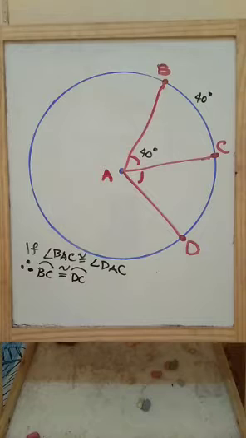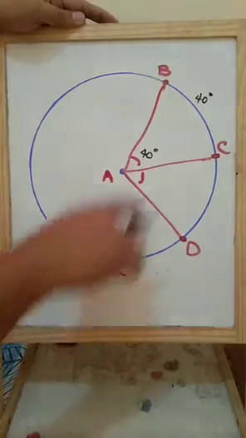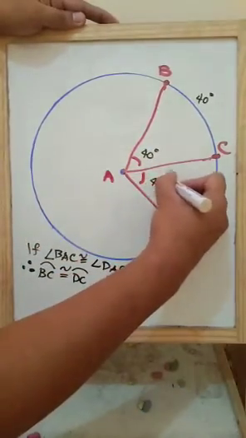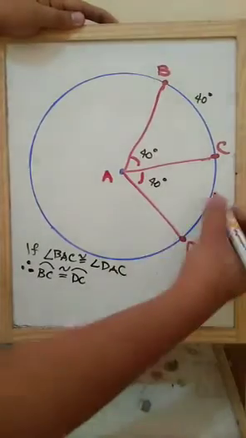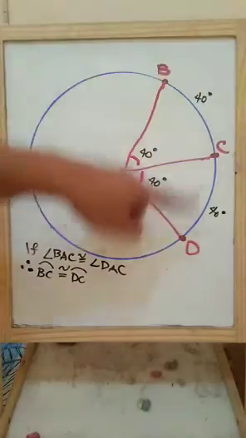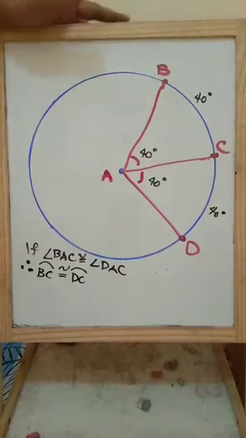Since those two angles are congruent, this is also measured 40 degrees, and this would also measure 40 degrees. So, yun yung idea dito sa theorem na to. So, that is the first theorem.